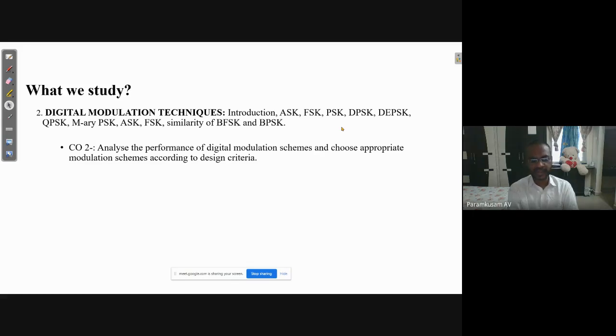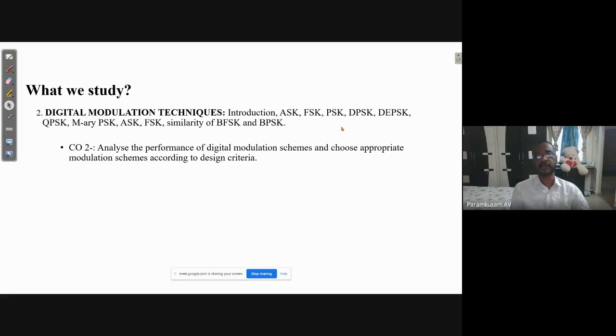You will analyze the performance of each modulation scheme after completing this unit and choose appropriate schemes according to design criteria. ASK has some advantages, FSK has some advantages, PSK has some advantages. According to the design criteria, you can choose which modulation is suitable. That is about the second unit.